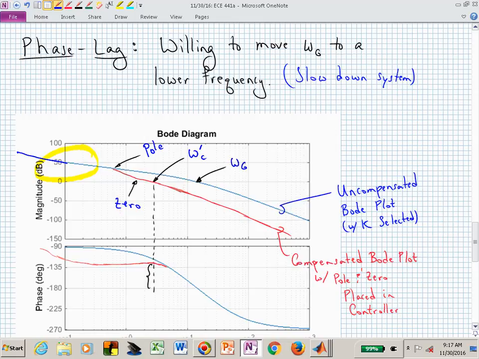If we wanted to try to find the phase margin of the uncompensated system, where would we find it? The uncompensated system is the Bode plot with the K to meet our steady state error spec. That's the blue curve. How would we find the phase margin in this system? Uncompensated. Which omega do we use?